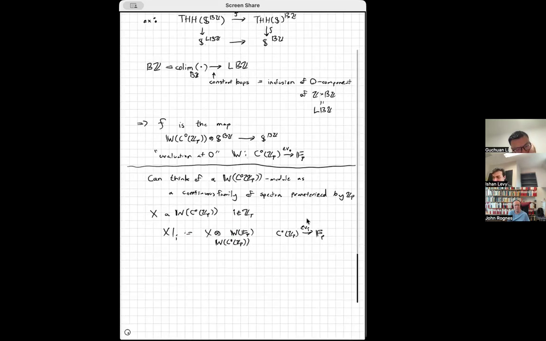And so for each point of Z_p, you get a spectrum, which is this tensor product. And the claim is that you can think of this object as some way of gluing together all these different X_i in some continuous way.